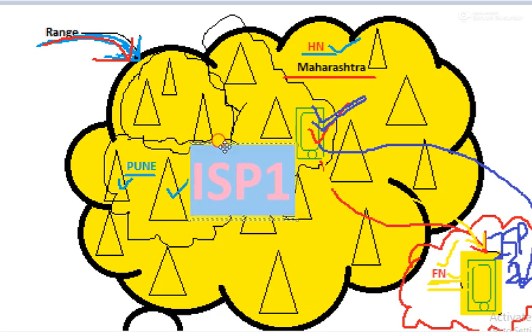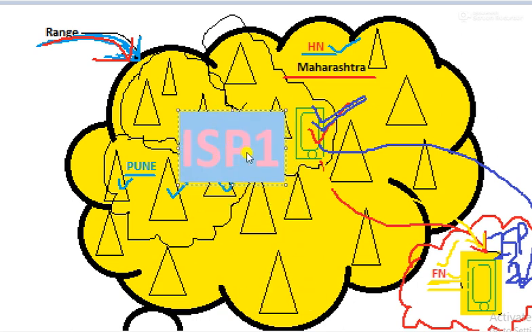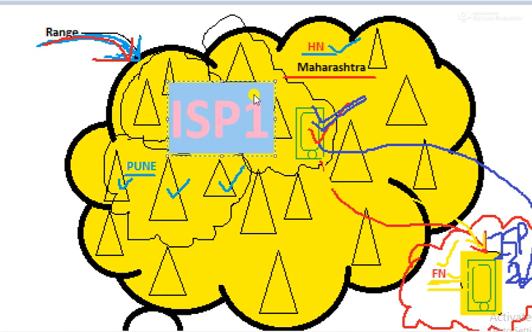Say this is Airtel. If you try to understand it in a feasible manner, almost all countries are covered by all ISPs' networks. For understanding purposes, let's consider this is ISP1's network, which is only available within this particular region or state.